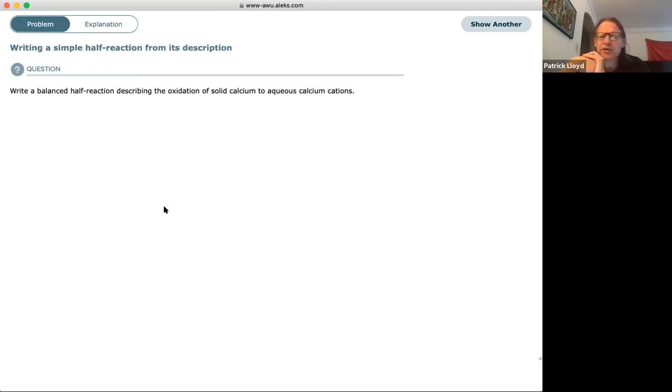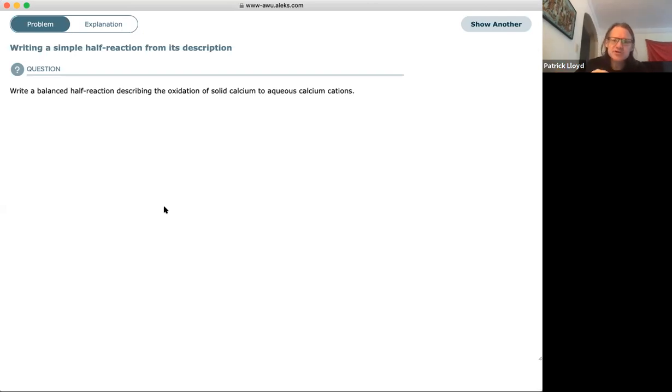In this example, we're going from solid calcium to aqueous calcium cations. Remember, a cation is a positively charged ion. Cat is positive, an is negative. An anion is a negatively charged ion. So this is going from a neutral element, calcium, to a positively charged cation. If something is going from neutral to positive, that's losing electrons, and that would be oxidation.